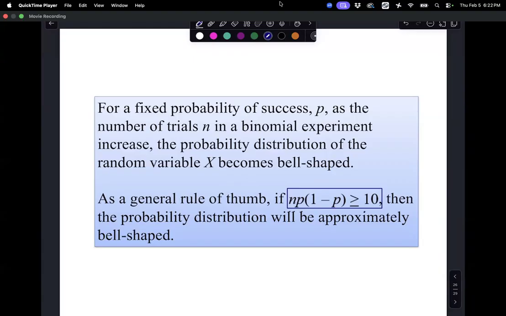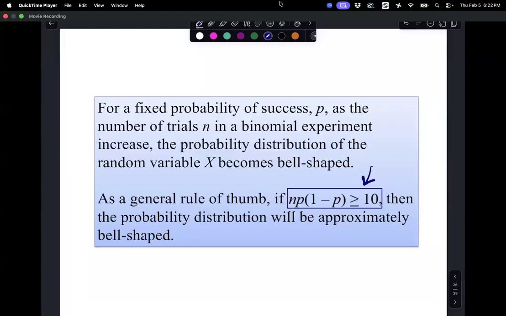Our binomial probability distribution becomes bell-shaped as the number of trials gets bigger. It is bell-shaped if the number of trials times the probability of success times the probability of failure is greater than or equal to 10. This determines whether or not your distribution is normal.